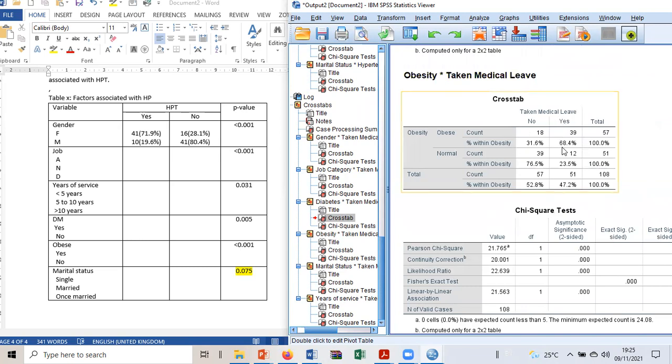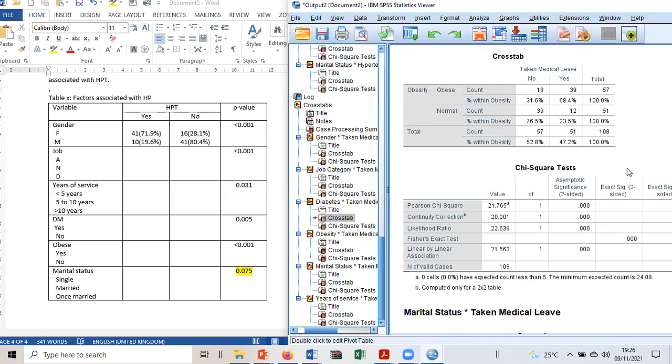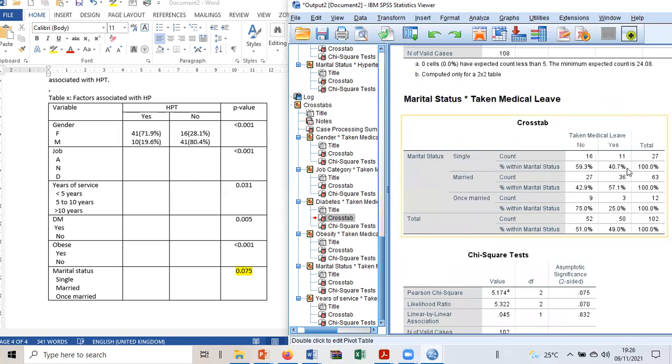Obesity, who takes more? Do you understand? Are you following? Among the obese, 50% yes, MC. Normal only 23%. So obese. Marital status, does it make a difference? What's the p-value?